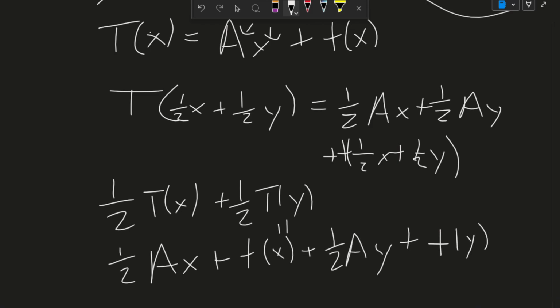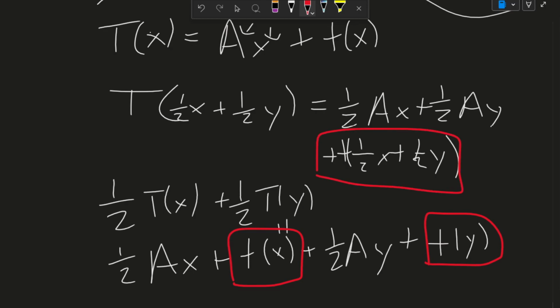And so the only different parts of these equations are this t of x here and this t of y here as compared to this, right?